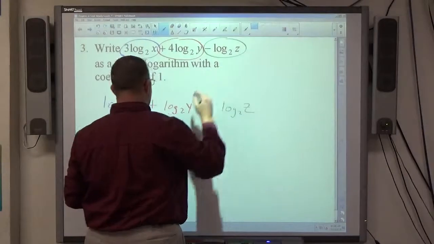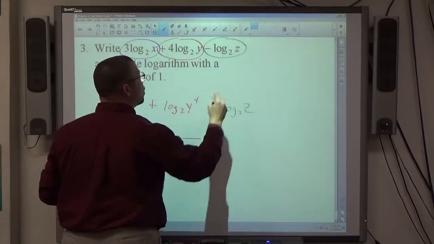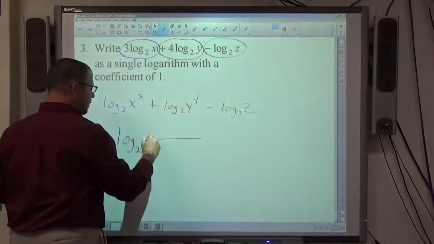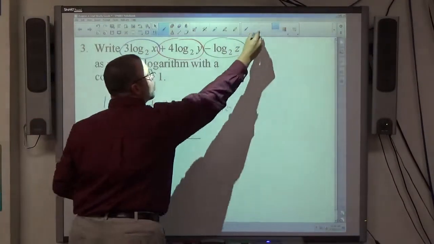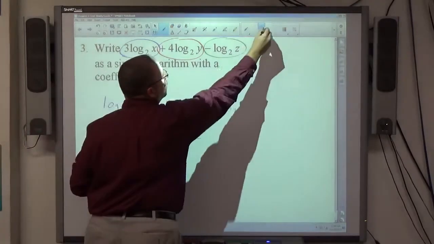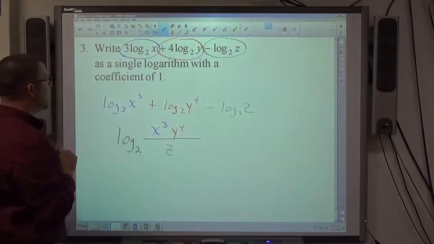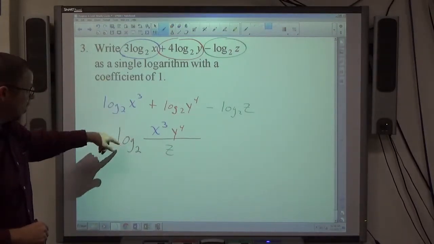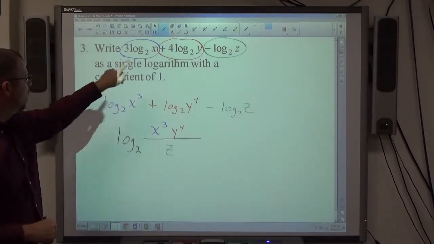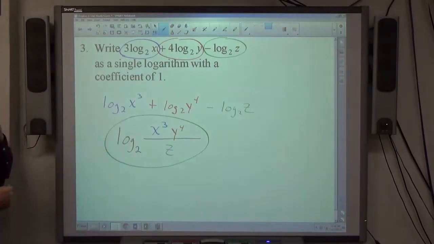So at this point, I'm going to get log base 2. I have a fraction bar. What belongs on top is x cubed and y to the 4th, because again, they're both positive. Top stuff is positive. That one's being subtracted. Z belongs in the bottom. And just like that, we have a single logarithm, log of something, base 2. Its coefficient's 1. That's what we're looking for in the final answer.